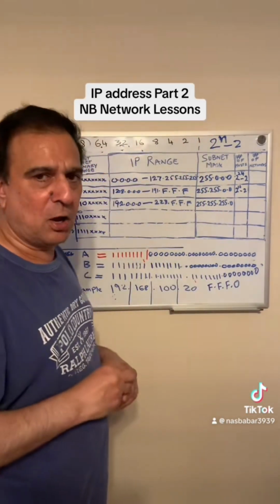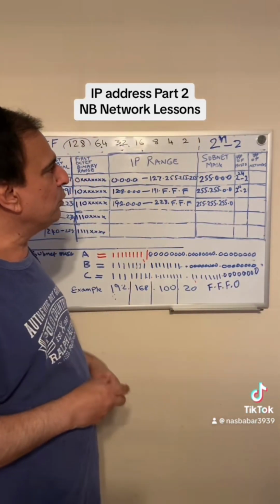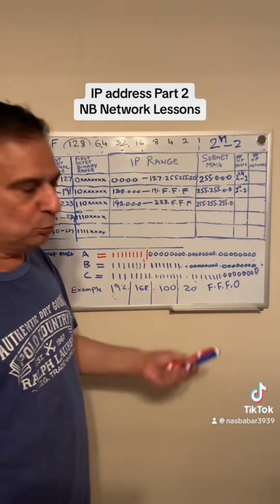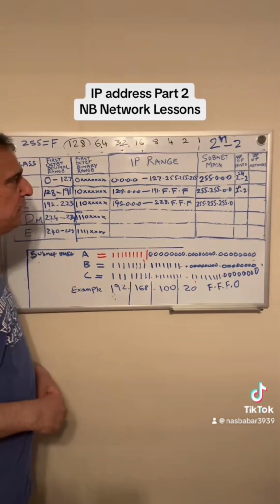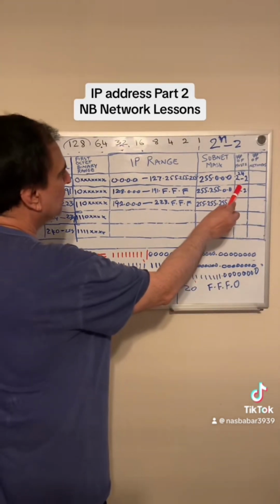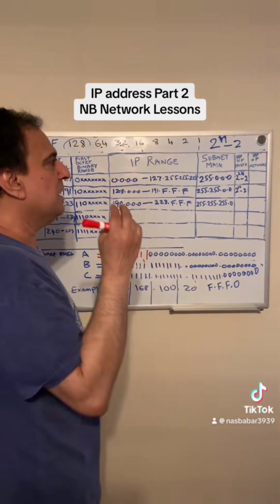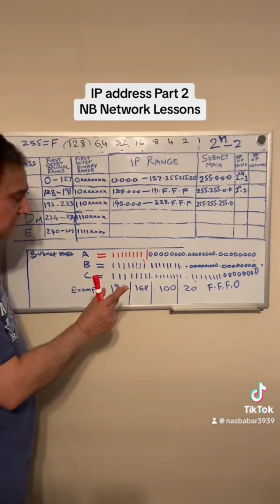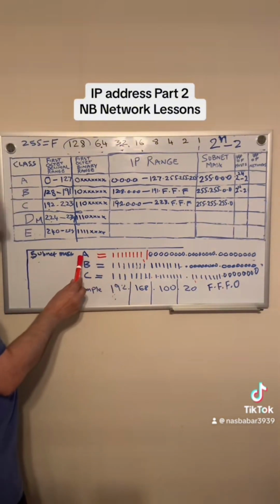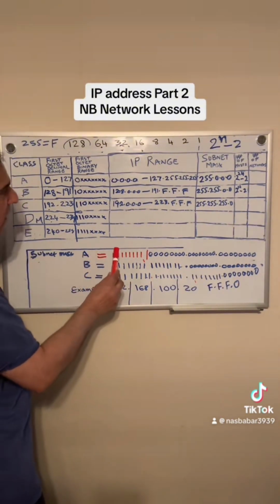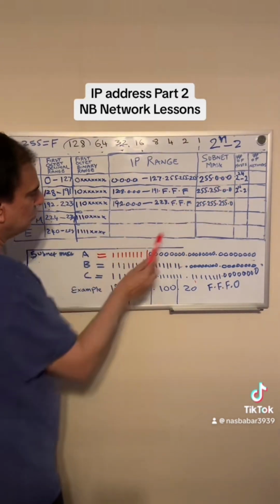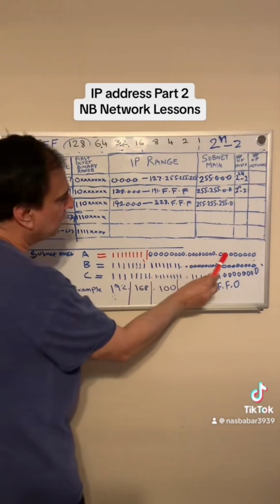Last time when we stopped, we were going over the number of hosts and number of networks, how to calculate those. Let me just recap a little bit real quick. We said the number of hosts is determined by how many zeros you have within your subnet mask. The class A subnet mask is 255.0.0.0.